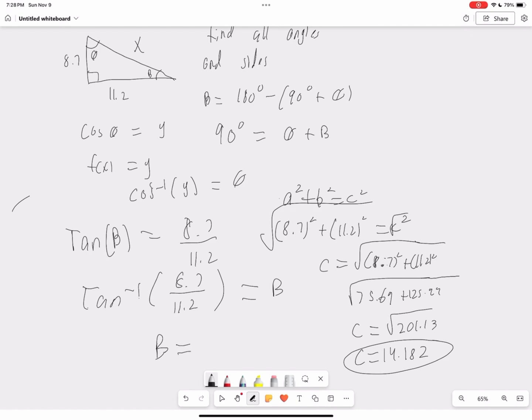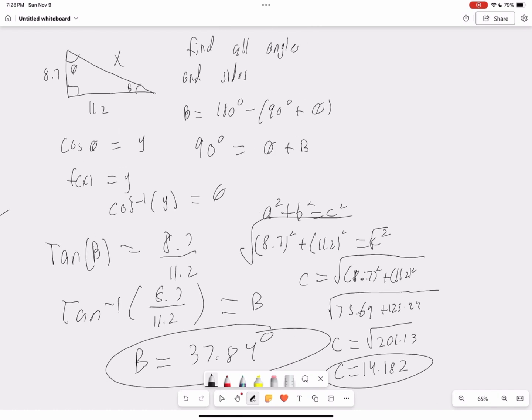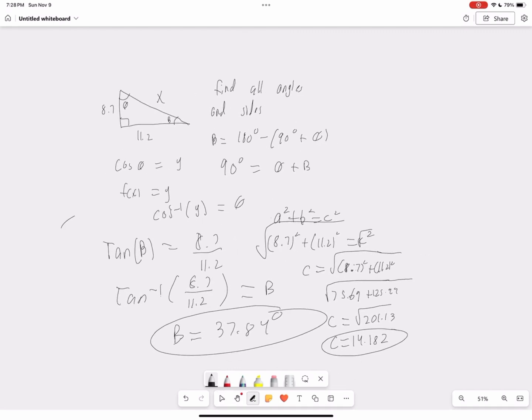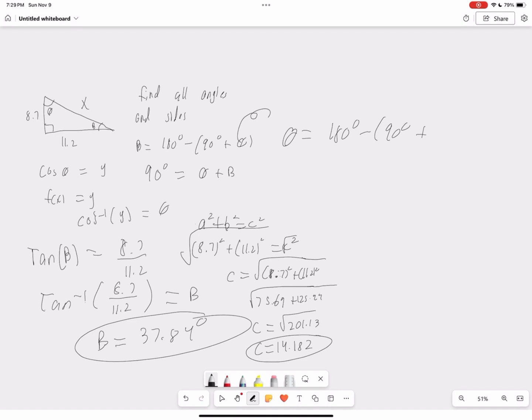By the way, there's an inverse tangent, or arctangent, on your calculator. We put this in the calculator because we don't know what this angle is. So beta equals approximately 37.84 degrees. Make sure your calculator is in degrees.